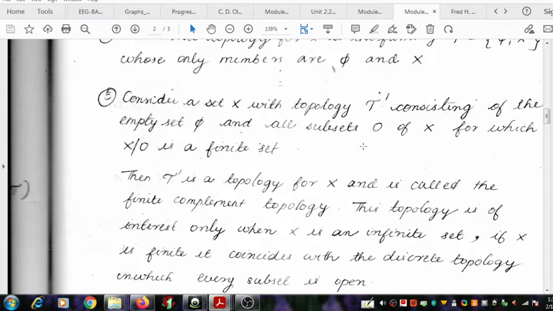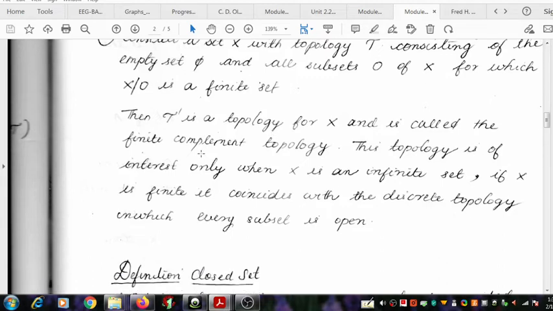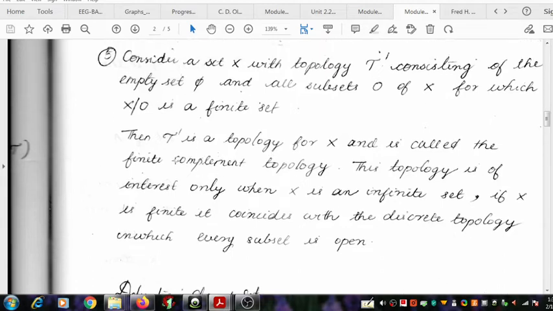After defining that, you can show that this family of subsets makes a topology. It determines a topology on X, and this topology is called the finite complement topology, because we are taking the complement of members of tau and checking whether it is finite.